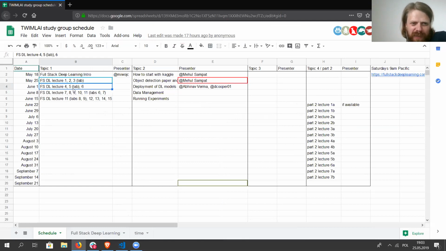So next week, a couple more lectures and the second session of the lab, and there we'll see, maybe it gets more interesting in the lab. Do I have any more questions before we move to Mehul's presentation on object detection?